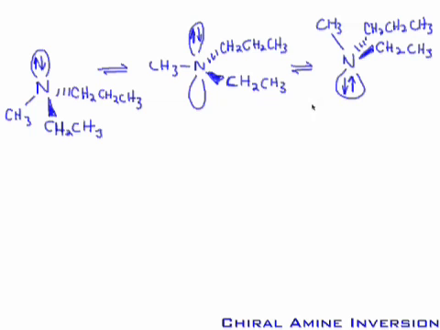Now what's interesting is this flipping process, inverting the 3 groups, produces the opposite enantiomer.